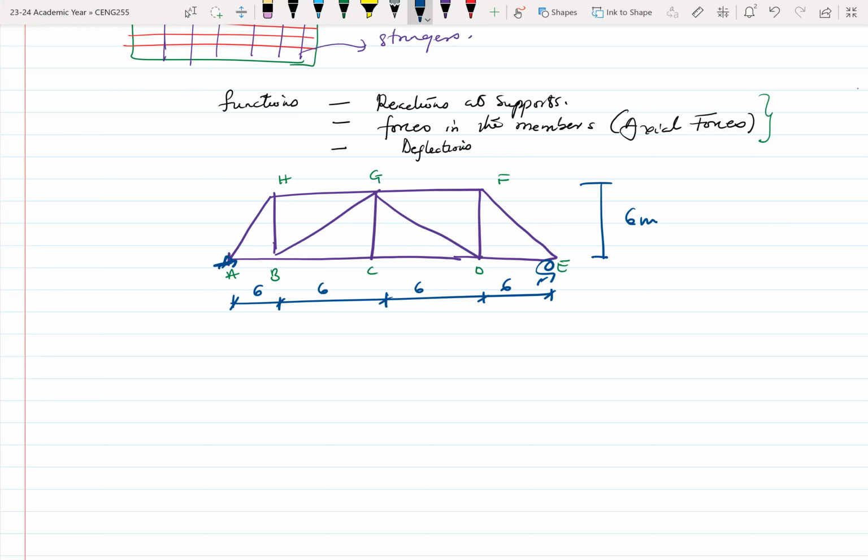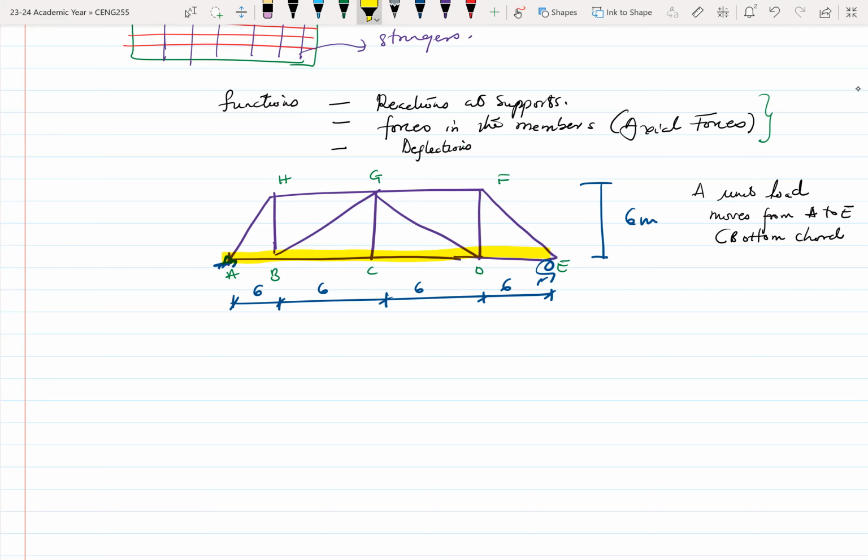And let's say we have a unit load that moves from A to E. So that's supposed to be the bottom chord. Let's take note of that, which means that our system is moving at the bottom chord.